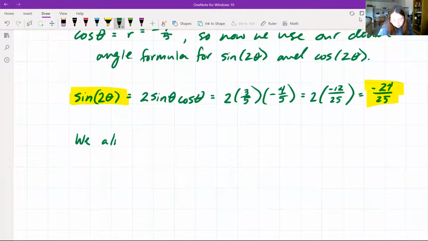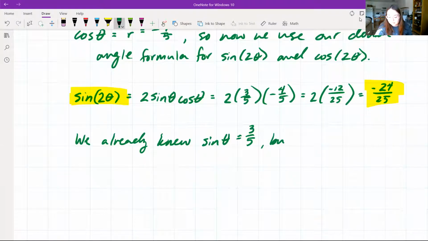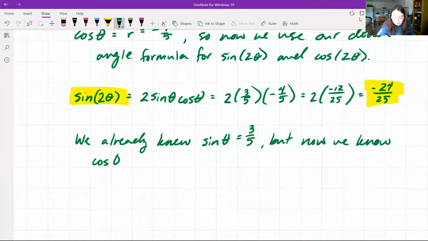We already knew sine of theta was equal to 3/5, but now we know cosine of theta is equal to negative 4/5. So we can use any equation.